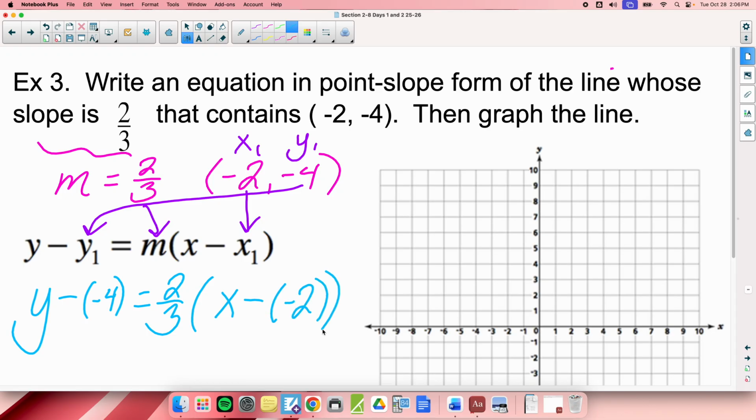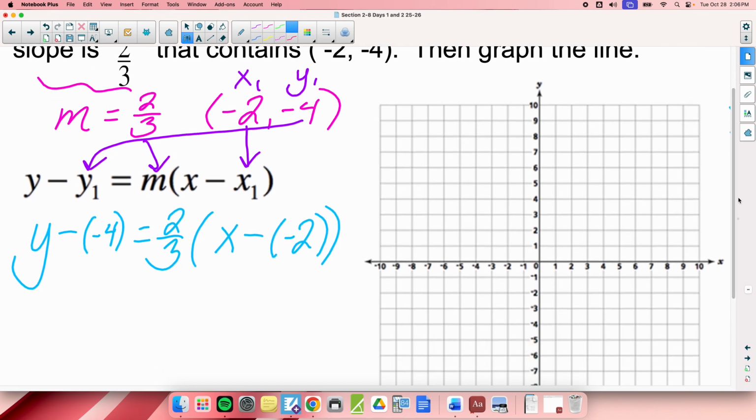Okay? Now, the only thing you have to change about this is if on one of these sides you have 2 negatives in a row, you change it to what? What happens if you have 2 negatives? Positive. So I would change this to positive and I'd have y plus 4 equals 2/3 times.